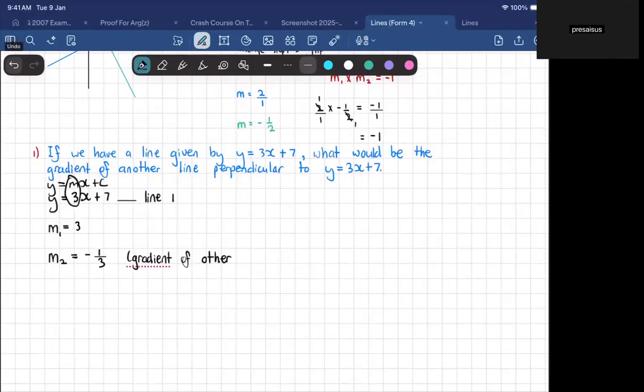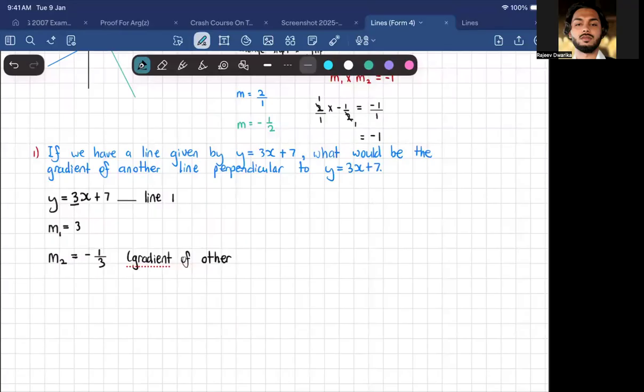Repeat, sir? Okay. So I'm saying that anytime you're given an equation of a line in the form y is equal to mx plus c, m would give you the gradient. In this case, m is 3. So 3 is the gradient. If you're comparing y is equal to mx plus c to y is equal to 3x plus 7, the m is always in front of x.